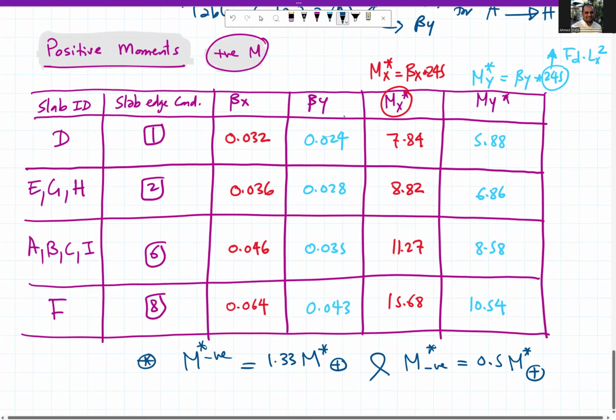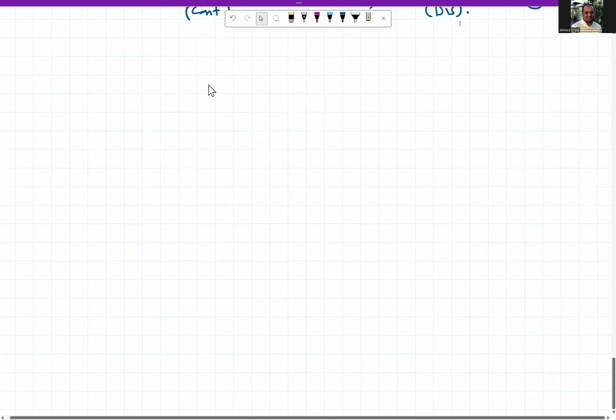This is at the continuous edge and this is the discontinuous edge. So we will create another table.